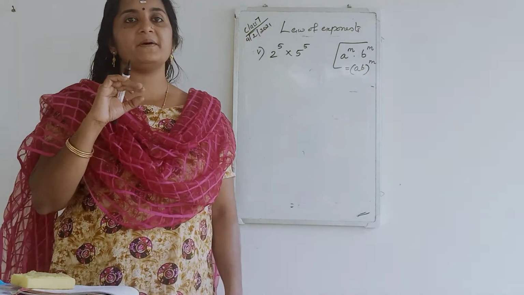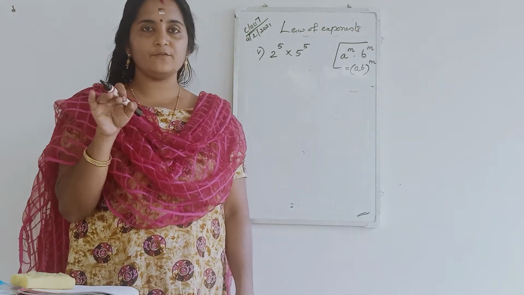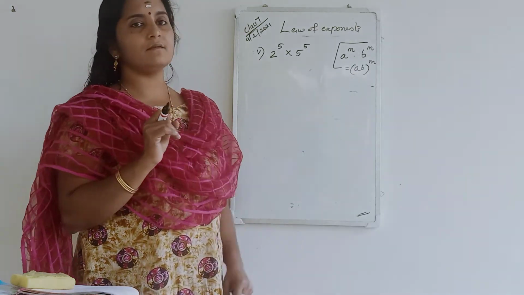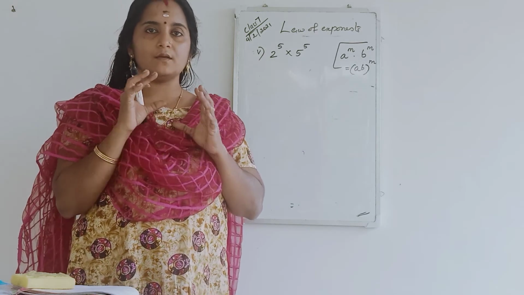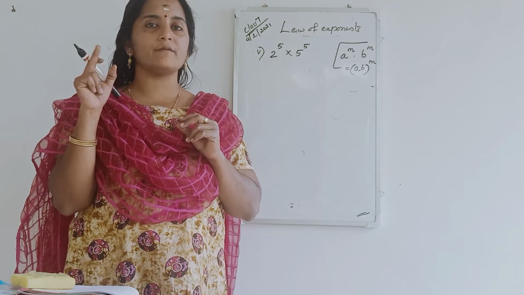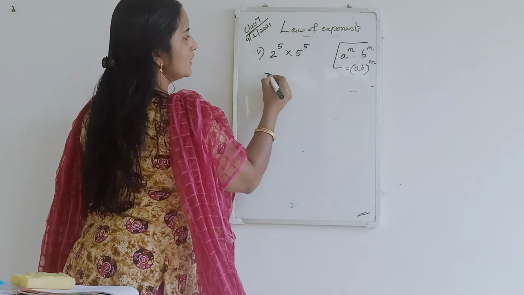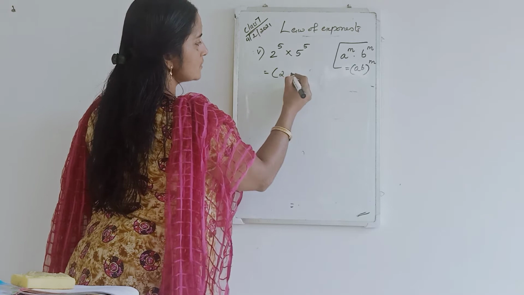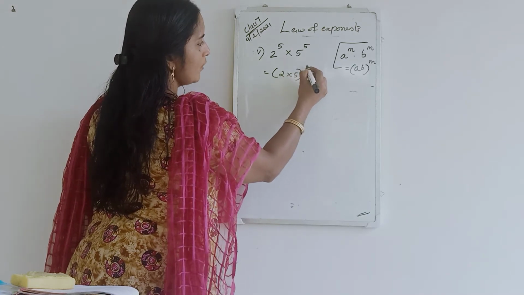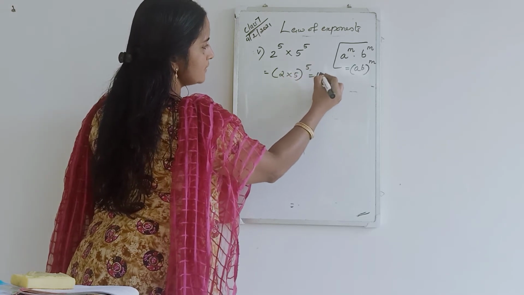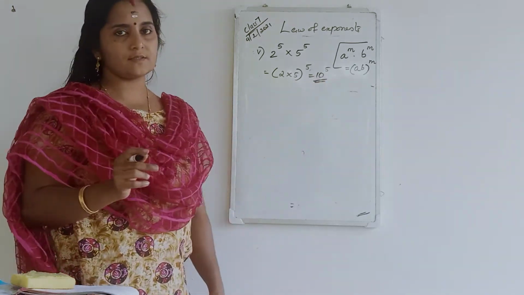That is, when the powers are the same but the bases are different, we take the product of the bases and raise it to that power. So here also, using this law, 2 into 5 the whole raised to 5, that is 10 raised to 5 is the answer.